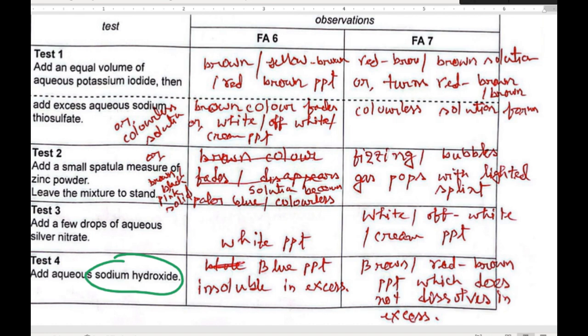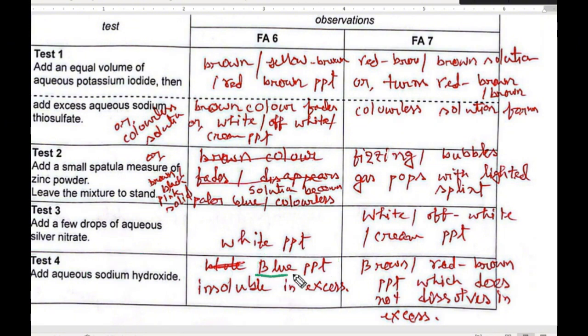After that you add a little bit more, then you mention whether the precipitate dissolves or not. So first you write blue precipitate is formed, insoluble in excess, or you can write this precipitate does not dissolve in excess sodium hydroxide.